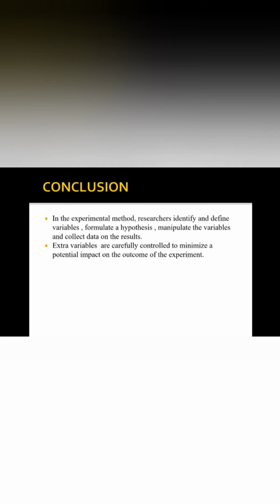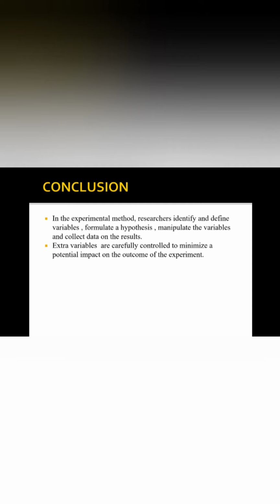The experimental method is considered the most scientific and objective method for studying behavior. Here we try to study the cause and effect relationship regarding human behavior by performing experiments, that is, objective observations under rigidly controlled laboratory-like conditions. The key factor of this method is the controlling of conditions or variables.